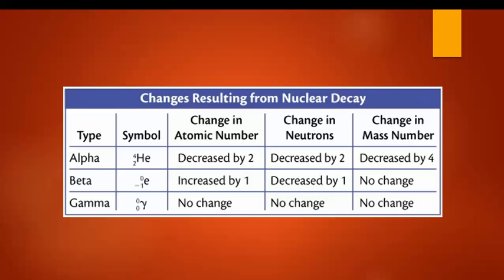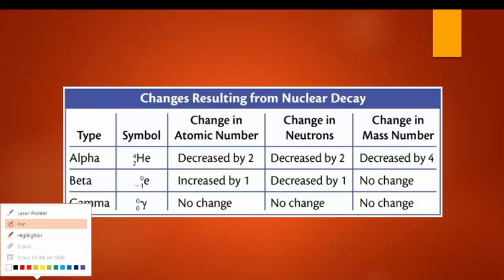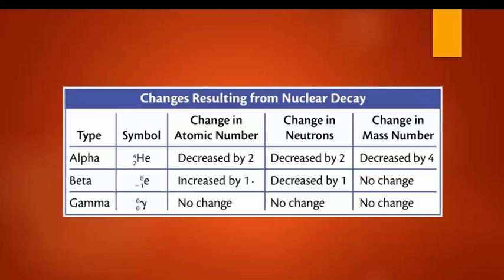Beta particles have a symbol of 0, -1. The number of protons goes up by 1 because what you're doing is converting a neutron into a proton. But because this number is the sum of protons and neutrons, there should be no change. And then gamma is just pure energy. It's not a particle. It doesn't have a symbol.